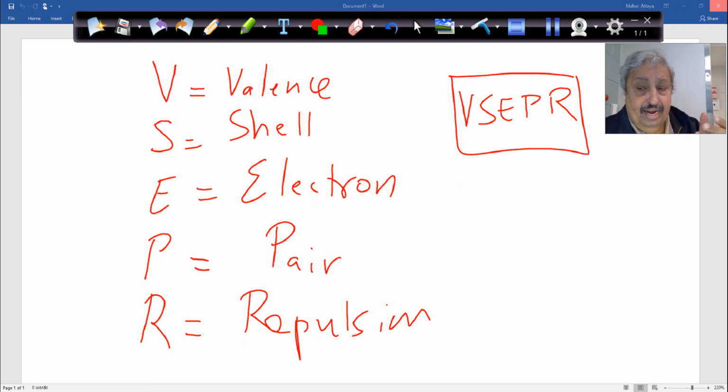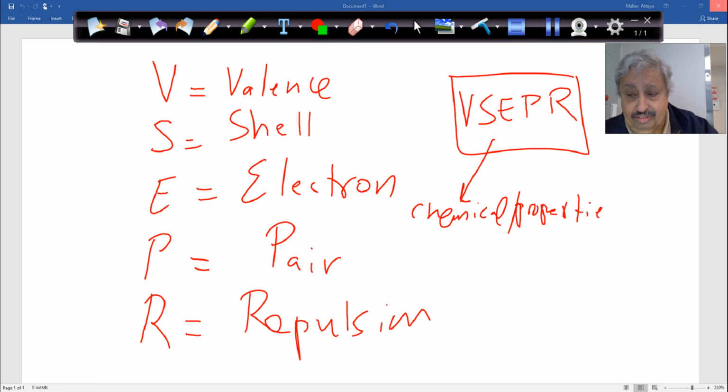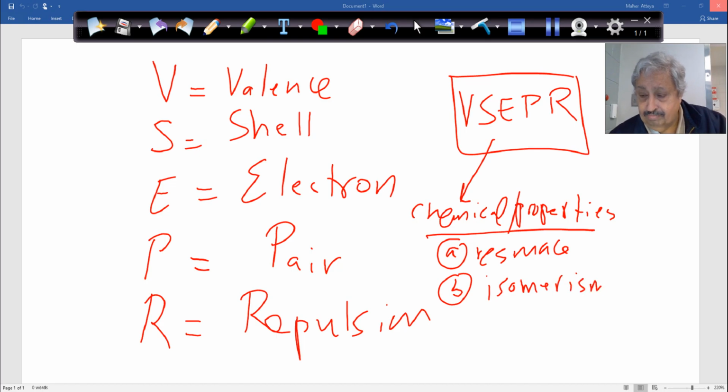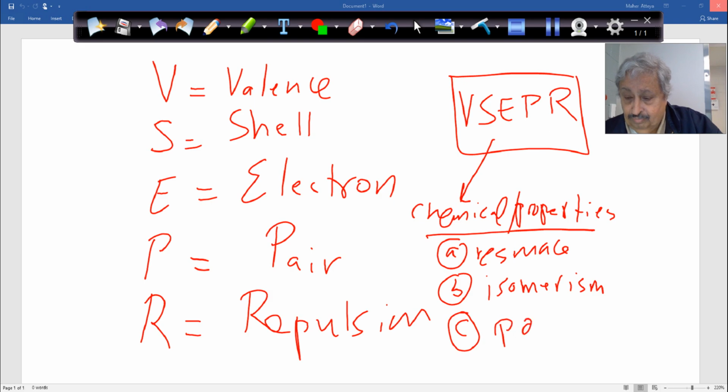In the sense that I can determine from the shape chemical and physical properties such as A, resonance of a molecule, B, isomerism, C, polarity, correct? Those are physical and chemical properties.